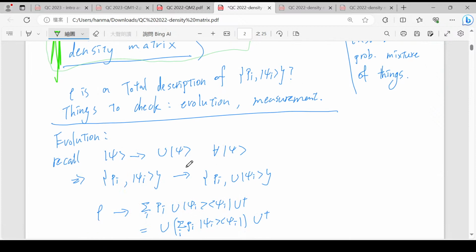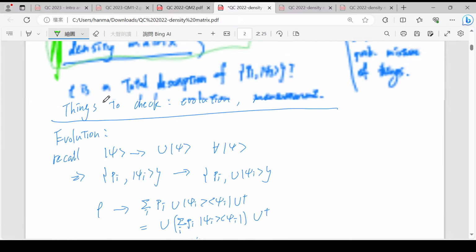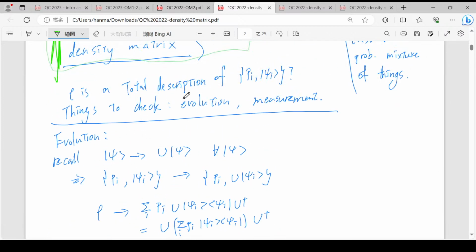Okay, so let's first check different things. I guess there are 2 things we want to check. First is that rho can also describe how this ensemble will evolve by some unitary, and another thing to check is measurement. Skipping the derivation, basically, the system can evolve through some unitary.